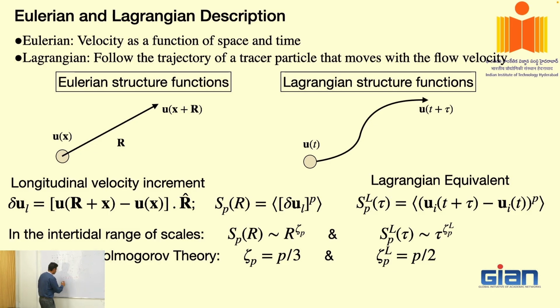For the Lagrangian case, it is going to be tau to the power p by 2. So you can see that the exponents are different.